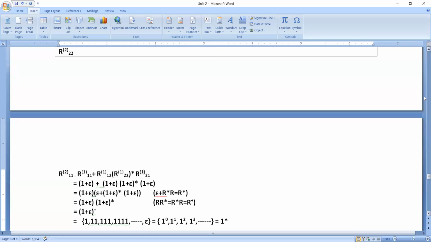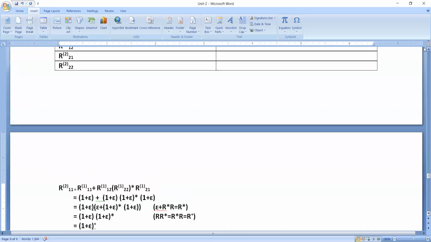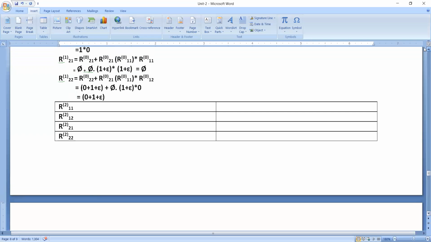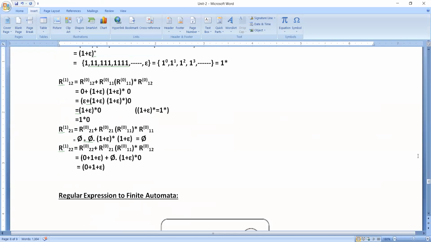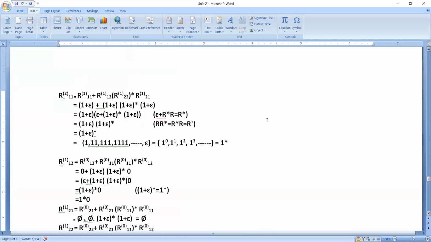Now we need to find out what is R power 1 of 11. So the answer for R power 1 of 11, I think we have already over here itself. R power 1 of 11 will be 1 star only. You can see here already we have R power 1 of 11 will be 1 star. So hence now I am going to remove this entire expression.